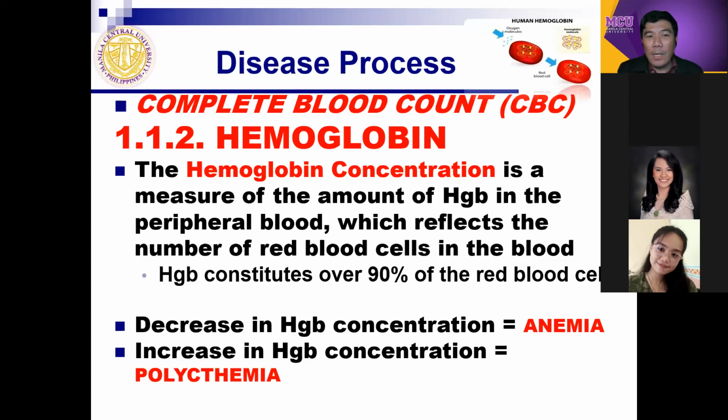So pag polycythemia naman is increase in the hemoglobin concentration, ang usual problem naman nito, yung oxygen level mo is above the normal reference, that could also lead to oxygen toxicity. Kasi pag oxygen toxicity naman, this may lead to the dryness of the tissues and mucosa, which could also lead to damage. So anything that is sobra may lead to eventually toxicity and may cause harm or damage to tissues.